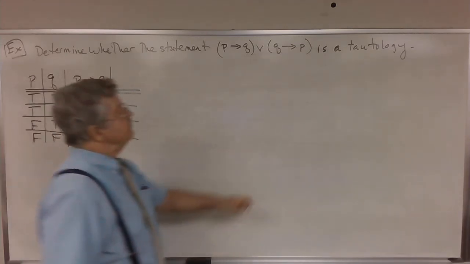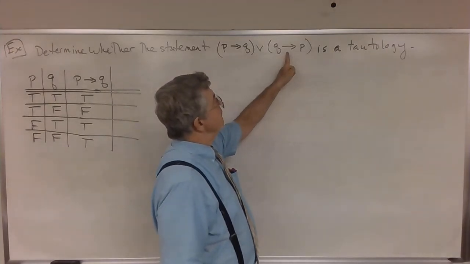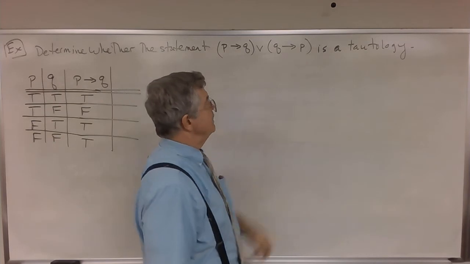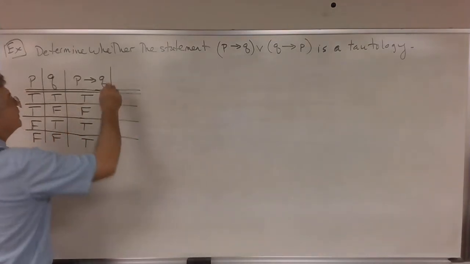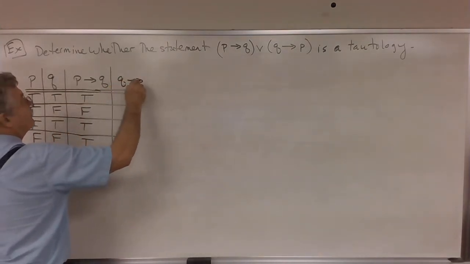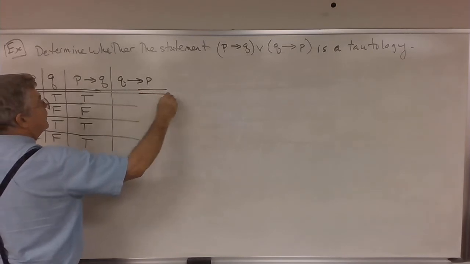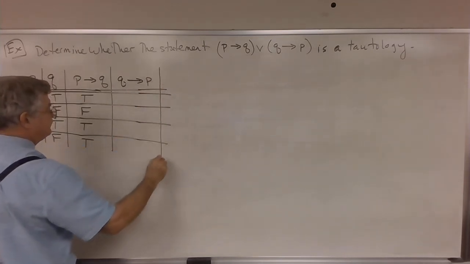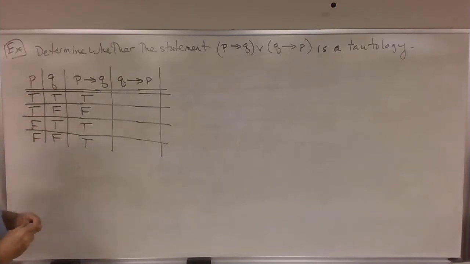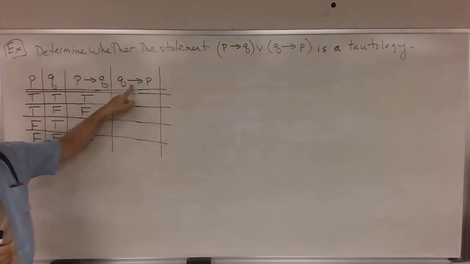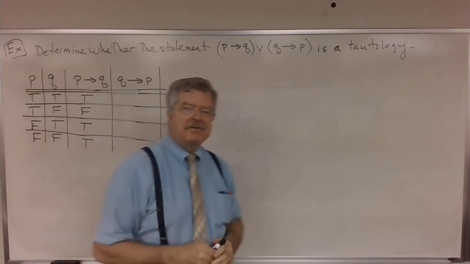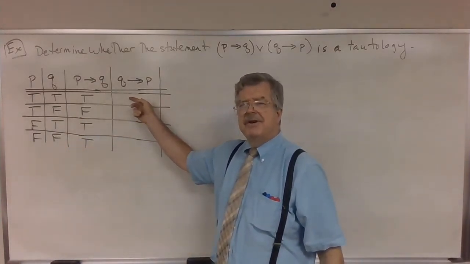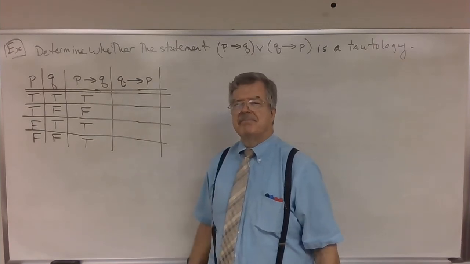Now, let's do this guy. Q implies P, or we could say, if Q, then P. And again, this is a conditional statement, an if-then statement. What's the special case for an if-then statement?